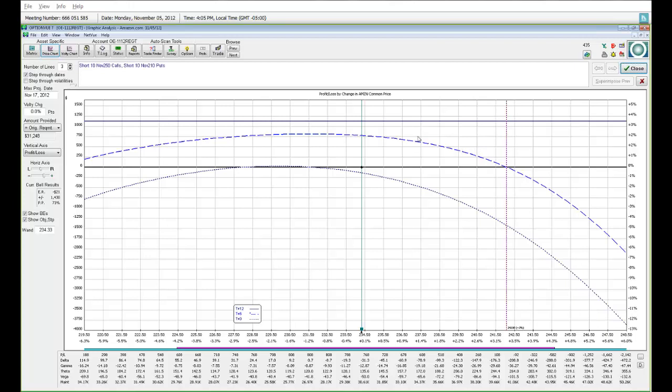Okay, this line is 6 days from now. This line shows you what would happen if you did the same thing and you held it for 6 days from now. Now, you notice how up in here, you're making money.